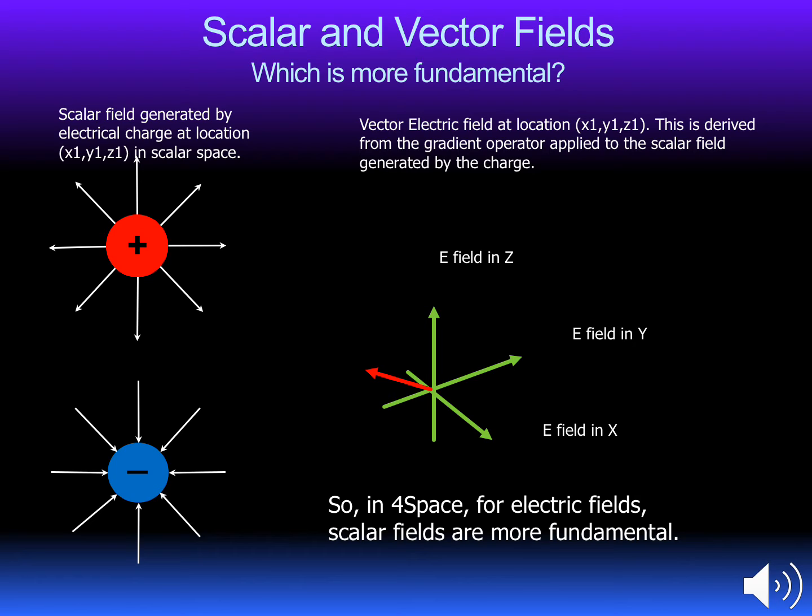Now, from these scalar fields that are generated, we can derive a vector electric field at that location. This is derived from the gradient operator applied to the scalar field generated by the charge. So in space, for electric fields, scalars are more fundamental because the vector fields are derived from the scalar fields.